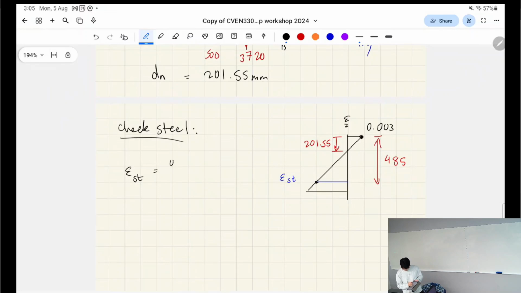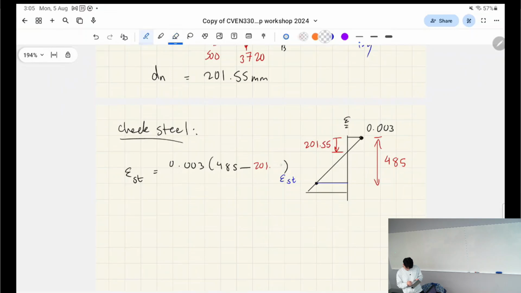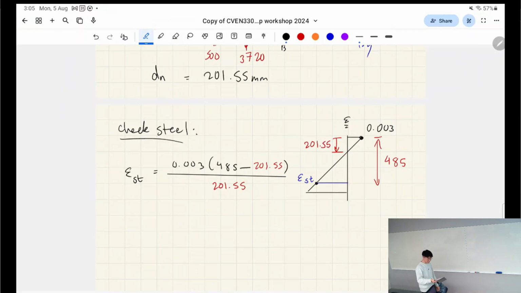Okay, basically here's what it looks like. If you were looking for a formula, you can do it kind of like this. So this is the depth to neutral axis. If you wanted to skip a step, you can do it like this basically. So I got this from similar triangles, but all I've done is rearranged the similar triangles, right?